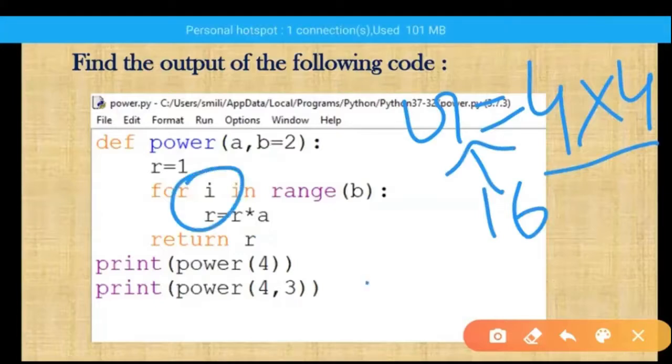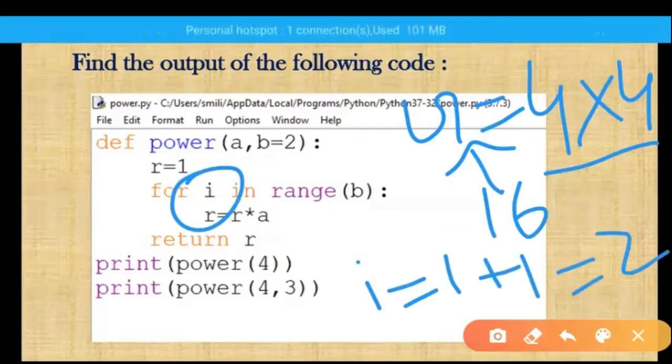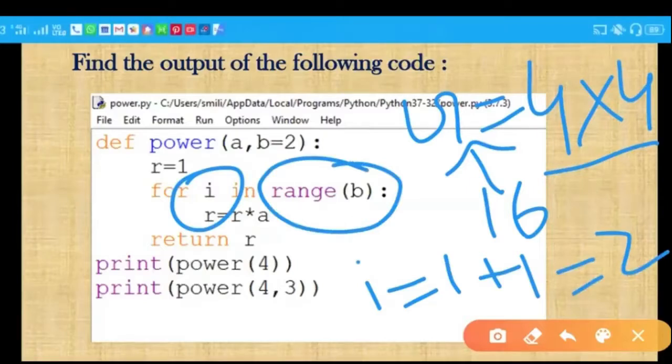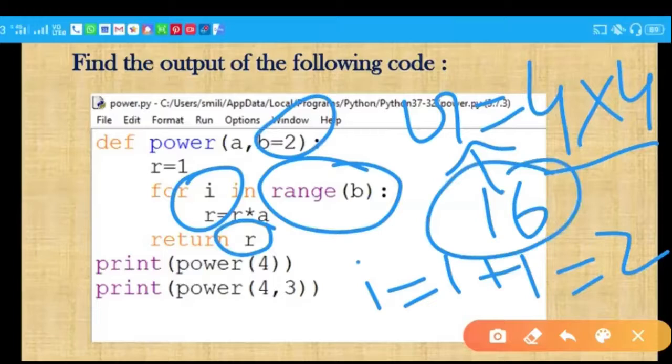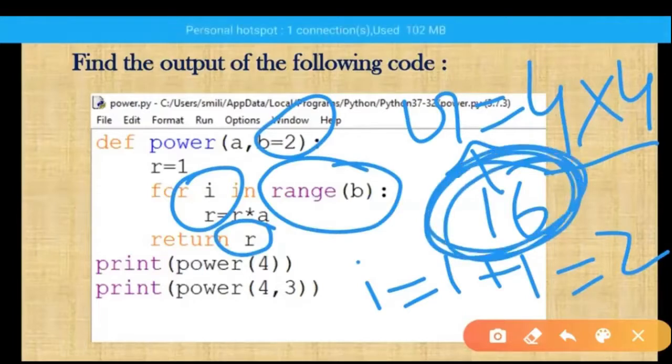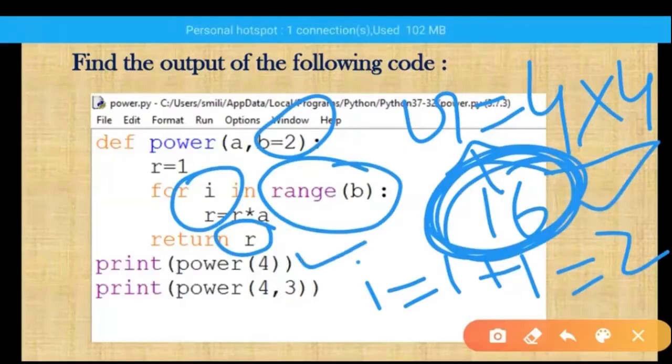Next time i will be incremented, 1 plus 1, it will become 2, and it is out of the condition because it will accept only values less than b, that is 2, not equal to 2. So we will come out of the loop and the value of r will be returned. So the first value of r is 16. This 16 will be provided to you by the compiler the first time. Okay. So this will be the output of the first call.